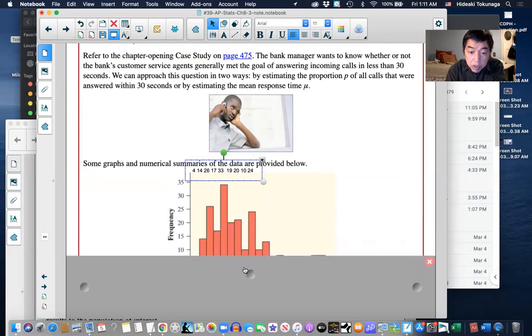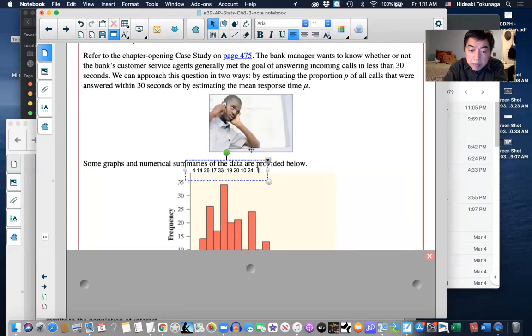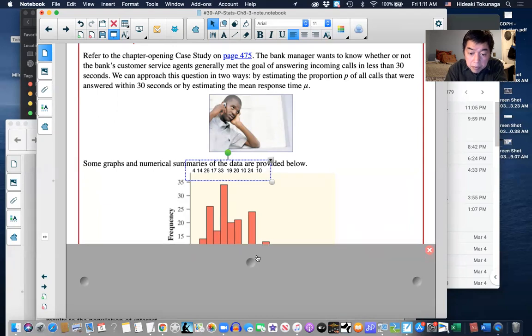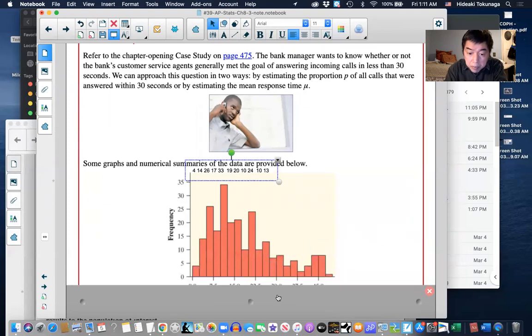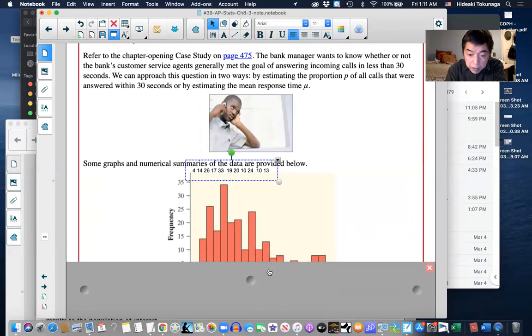24, another 10. This one is 13. The last one here is going to be 6, 5, 6, 7, okay?